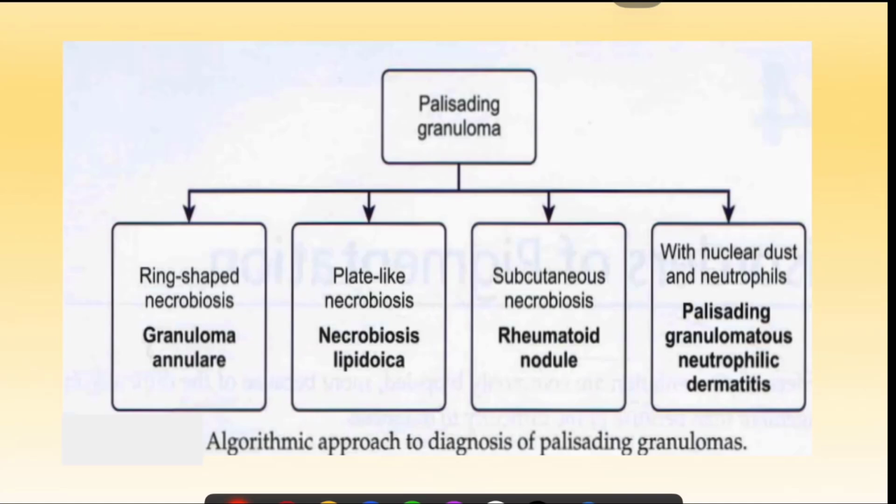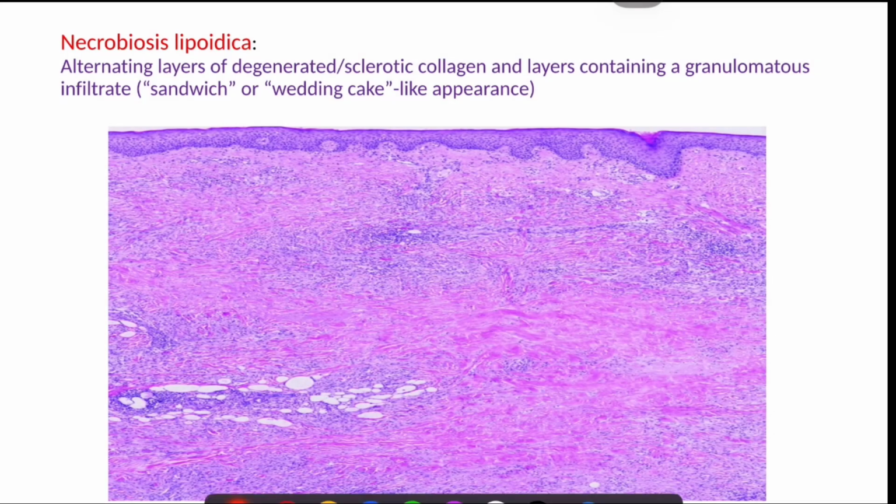So palisading, if it is ring shape, granuloma annulare; plate-like, necrobiosis lipoidica; subcutaneous necrobiosis, it is rheumatoid nodule; and if nuclear dust and neutrophils are present, that is palisading granulomatous neutrophilic dermatitis.